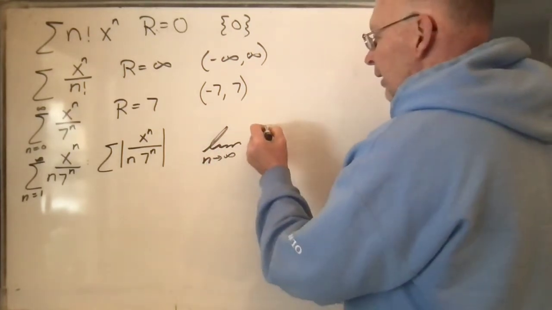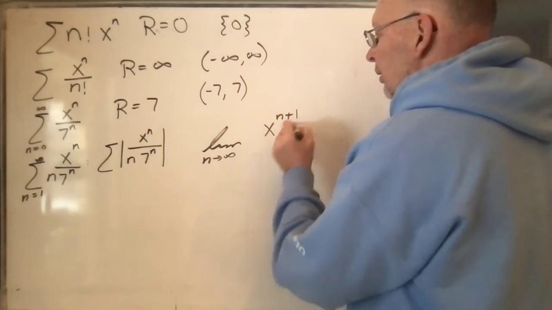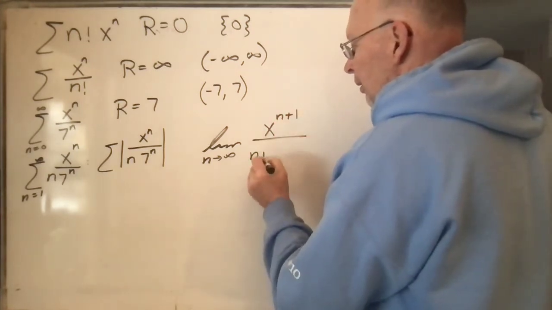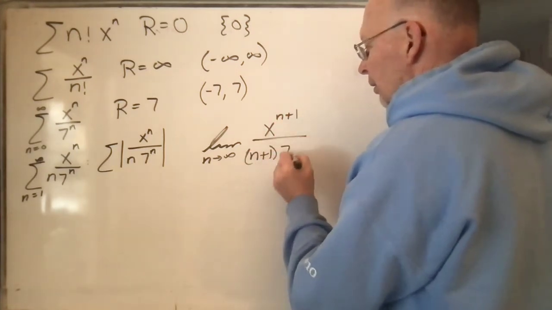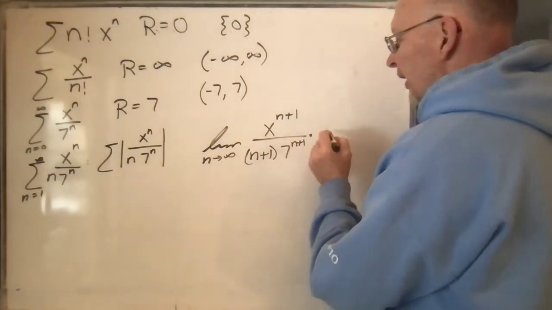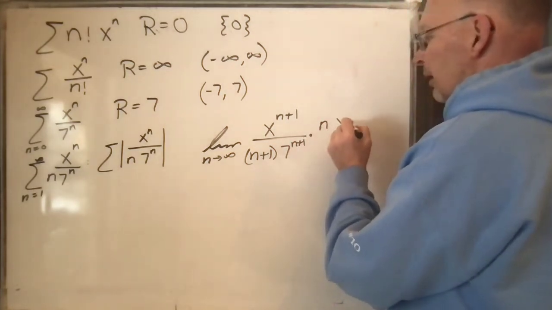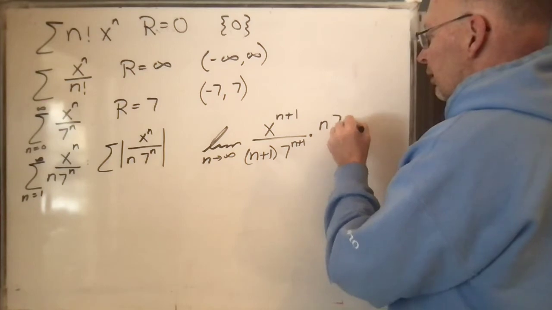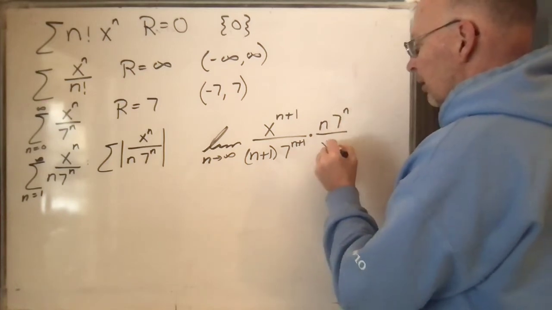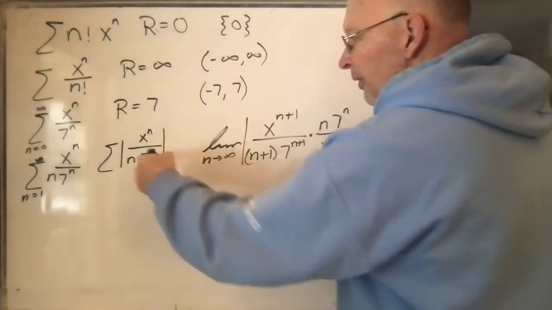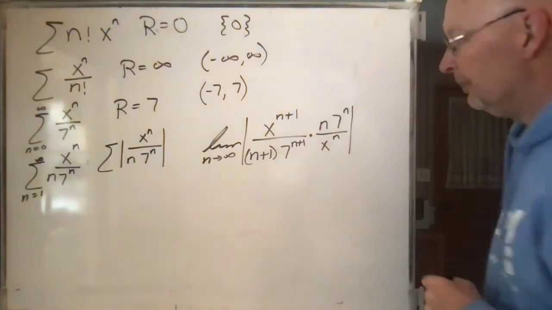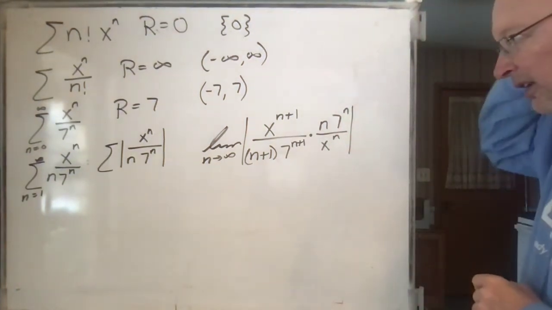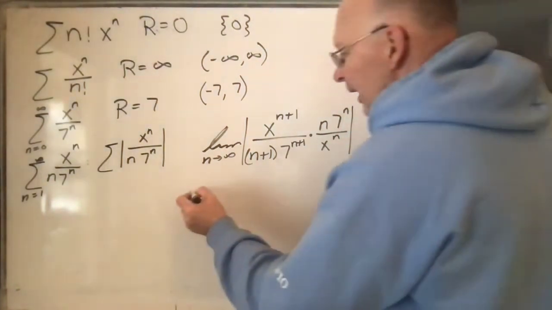It says you take the n plus first term divided by the nth term. All these things have absolute values, notice. So there it is. And now what happens?